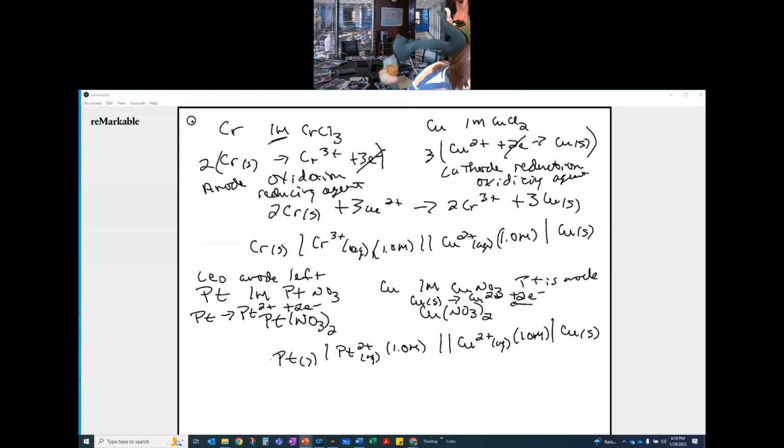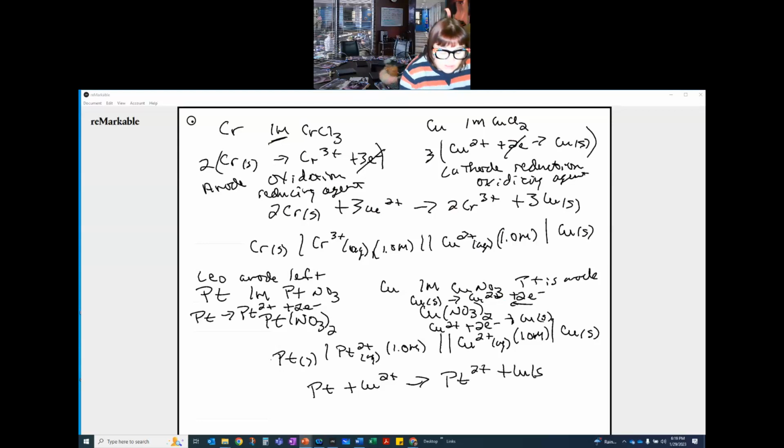Except it goes the other direction, so I know that it's actually Cu2 plus 2e minus to Cu(s), and I know that because it's at the cathode, so it has to go that direction. We'll talk about how we know that. So my overall reaction is going to be Pt plus Cu2 plus going to Pt2 plus and Cu(s).